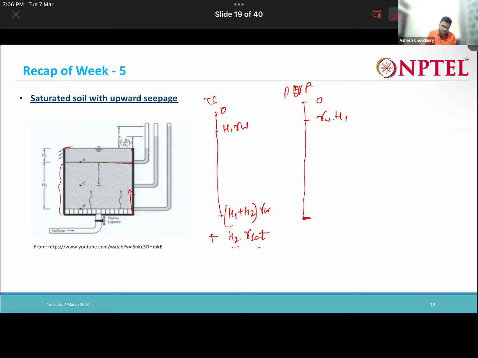And here it will be H1 plus H2 into gamma W. This is due to the stagnant water, and due to the extra head also one pore water pressure will be there, so plus small h into gamma W.